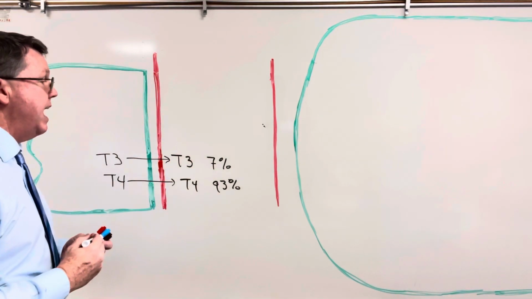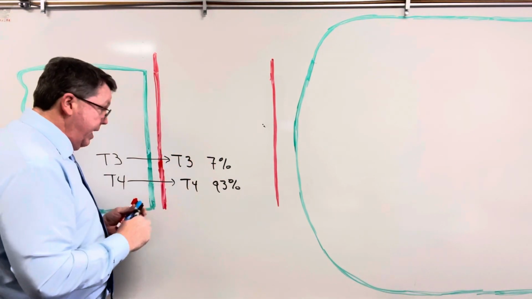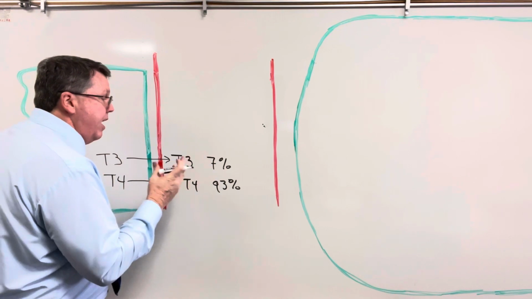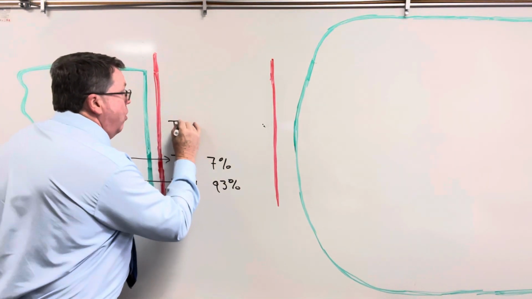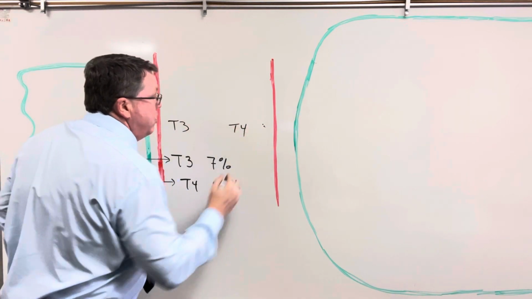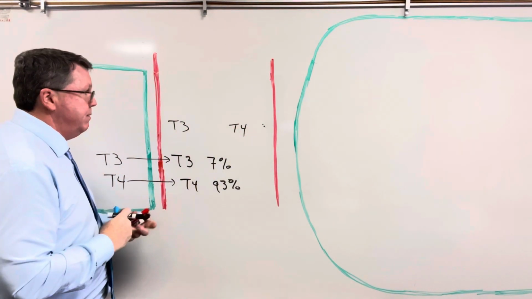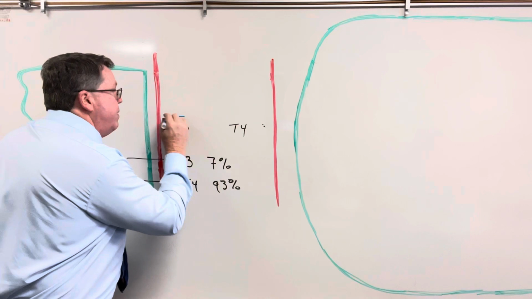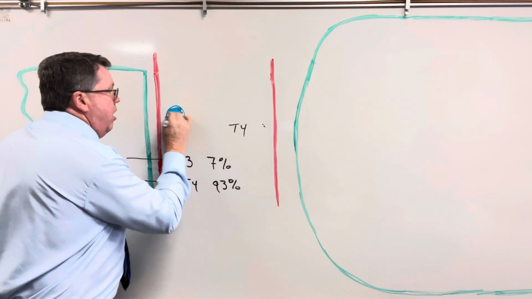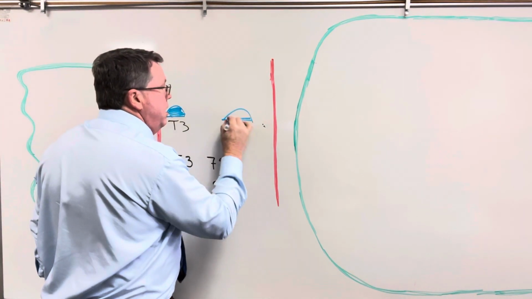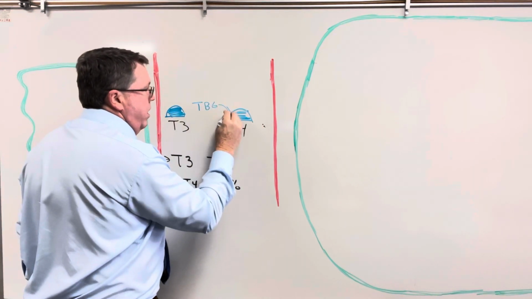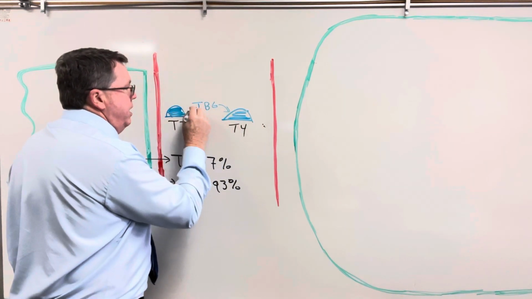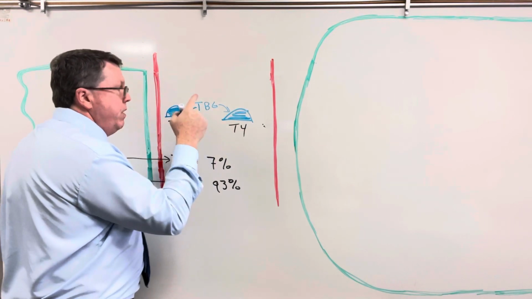So now, these enter into the bloodstream, and what's going to happen is they're going to bond with a plasma protein. We have basically three different types of plasma proteins. The most common one is thyroxine binding globulin, or TBG for short.